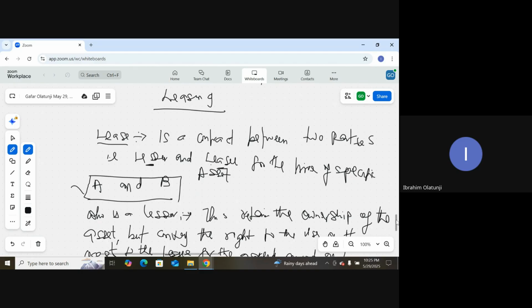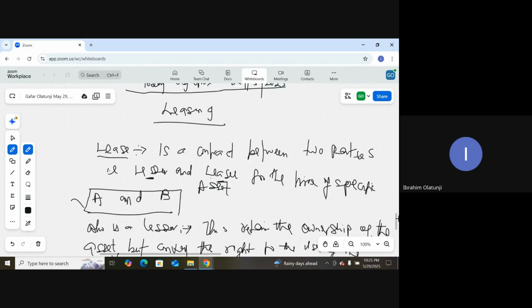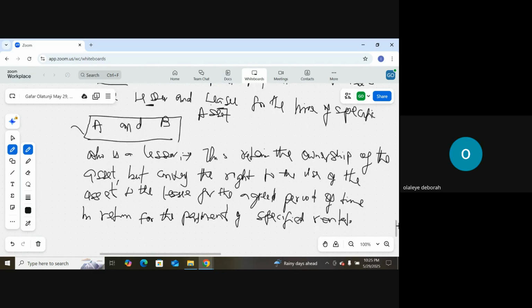And we now ask who is a lessor? A lessor retains the ownership of the asset, but conveys the right to use the asset to the lessee for the agreed period of time, in return for the payment of specific rentals.